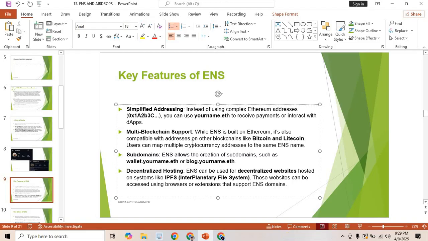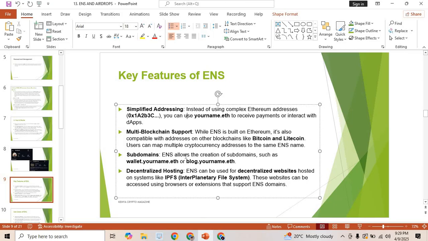Users can map multiple cryptocurrency addresses to the same ENS. If you have an ENS name, for example wanjikokaranja.eth, it doesn't mean I'll only receive Ethereum using that domain name. I can map other addresses to that ENS, and receive different cryptocurrencies across the board.